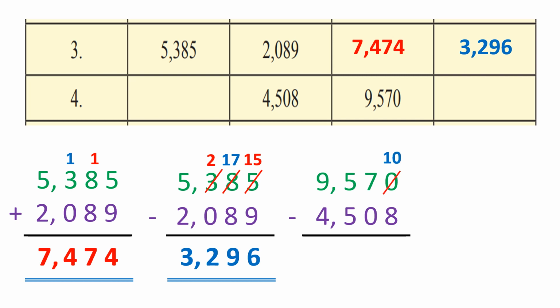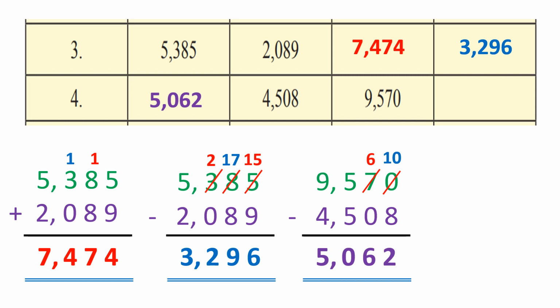You borrow here, becomes 10. 10 minus 8 is 2. 7 here becomes 6. 6 minus 0 is 6. 5 minus 5 is 0. 9 minus 4 is 5. Your answer is 5,062 for the first number.